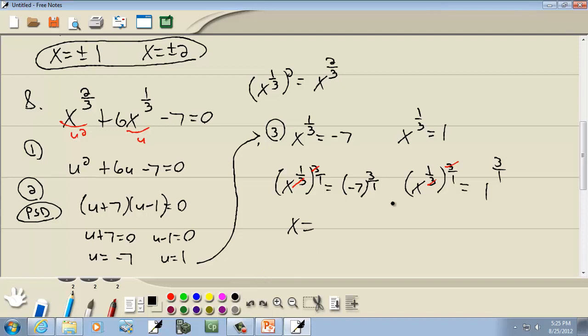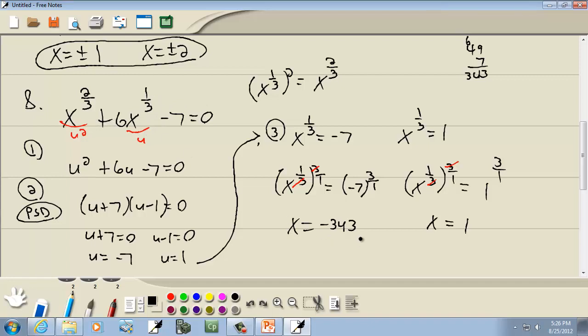So we got x is equal to negative 343, and on this one, 1 to any power is 1.